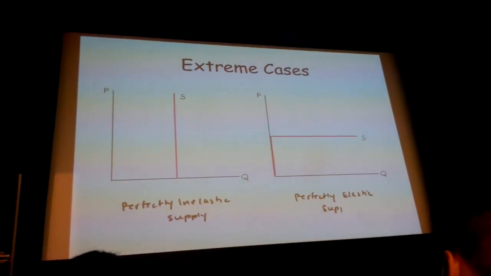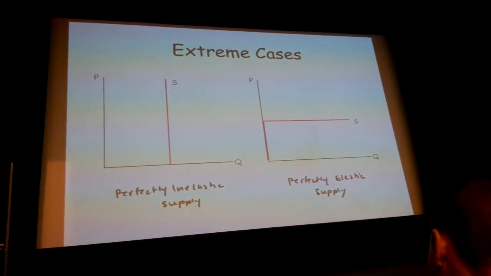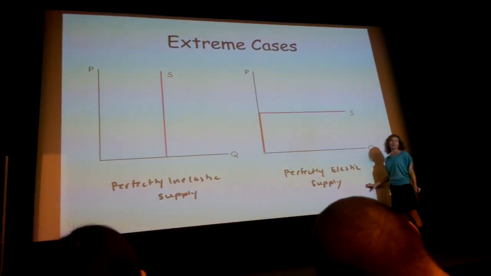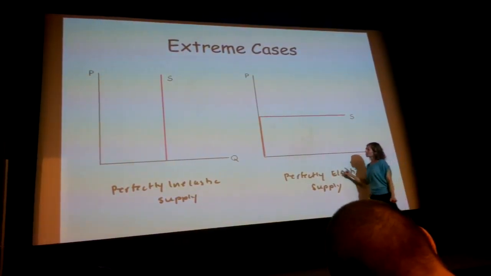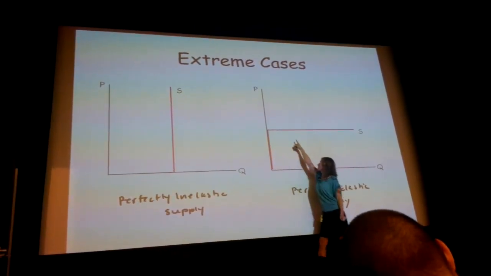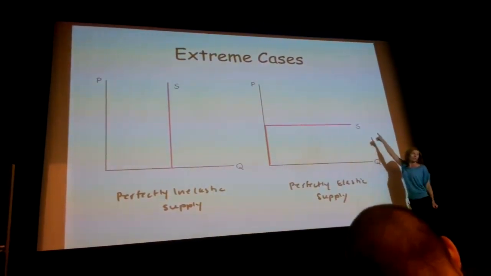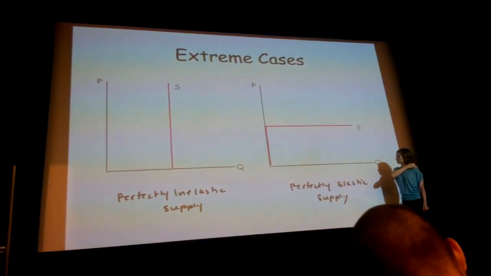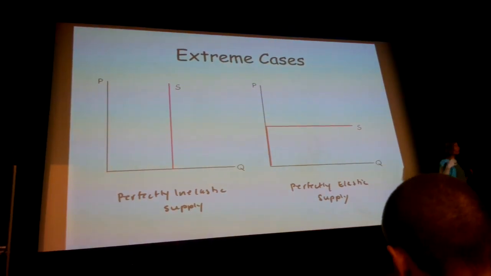And similarly, over here on the right, we have an example of perfectly elastic supply. So basically, in this region, a small increase in price is going to lead to an infinite change in the quantity supplied. Again, this looks exactly like what we were talking about when we were talking about demand.